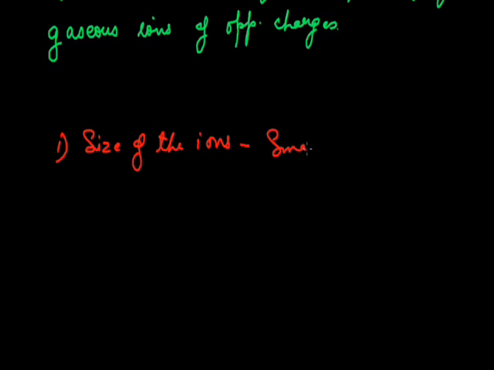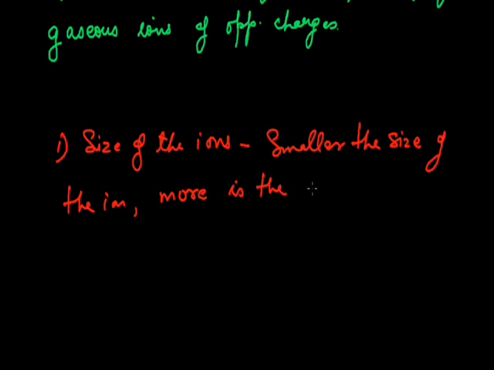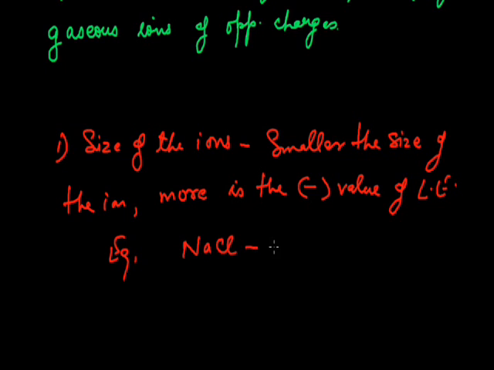That is, smaller the size of the ion, more is the negative value of lattice enthalpy. For example, for NaCl molecule, this energy is minus 769.8 kilojoules, while for KCl, this energy is minus 698.7 kilojoules.